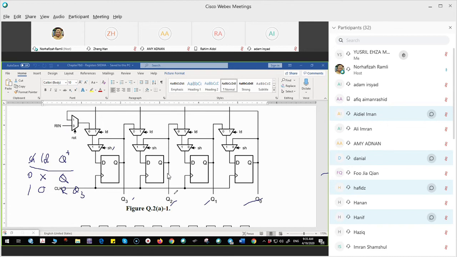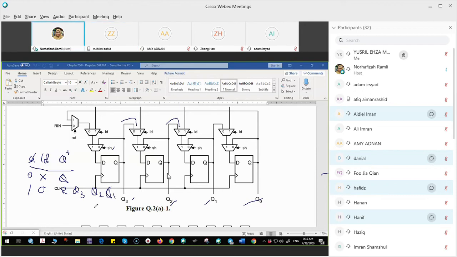Q1 will take from, actually, when 1, 0, that means the data is from here, from the 0. Okay? So this one from here, and obviously this one will be Q1.